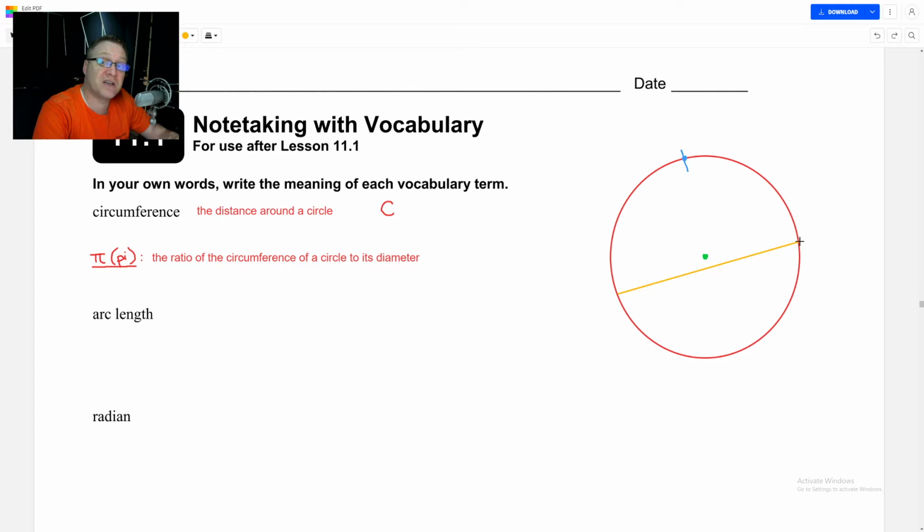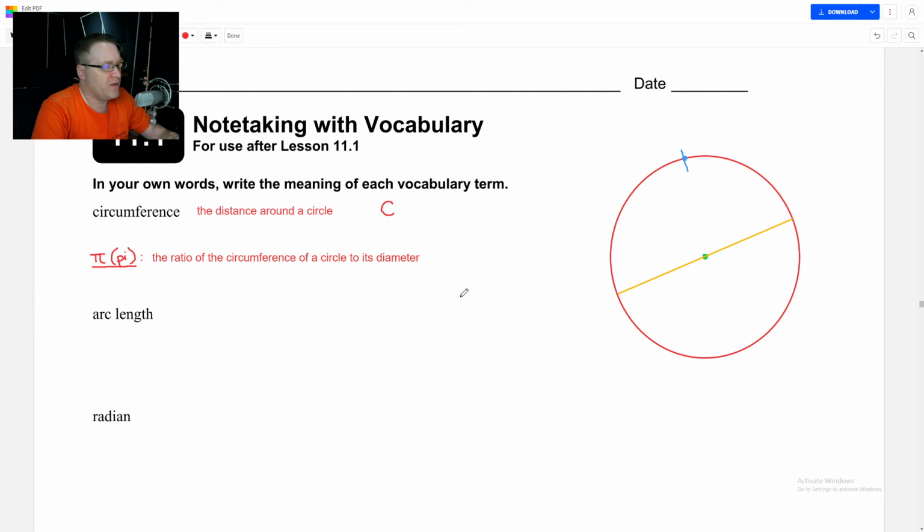But remember, a diameter has to go through the center. So it goes from one side of the circle all the way to the other side of the circle through the center, like that. So this yellow line is a diameter.